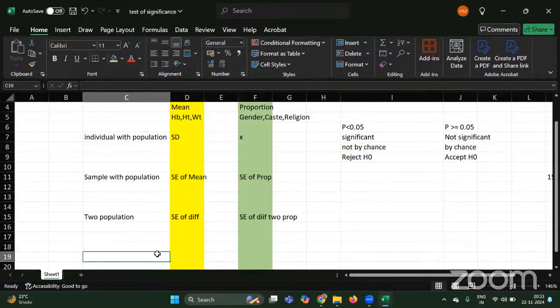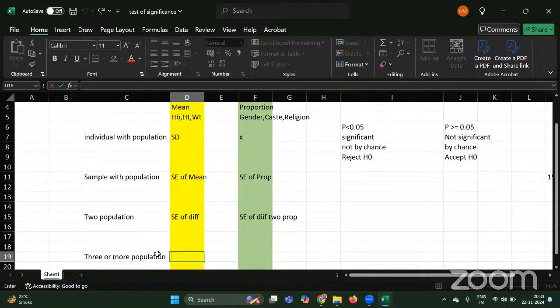But when we have three or more populations to be compared, or three or more samples to be compared, at that time we cannot use the standard error of difference between means, and there is nothing like a standard error of difference between three means. So we use ANOVA here, analysis of variance. The F test is used here, and in this case, we use the chi-square test.